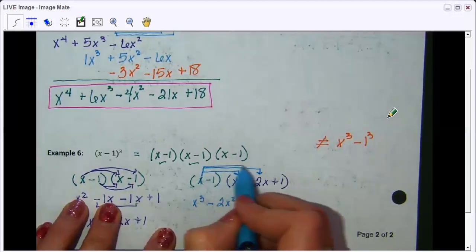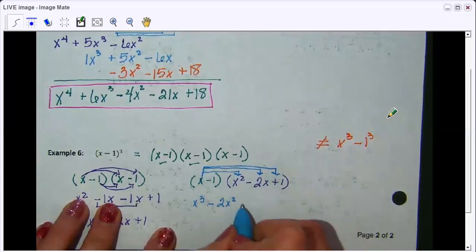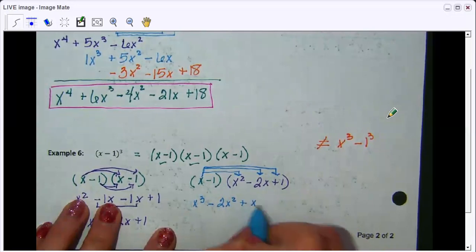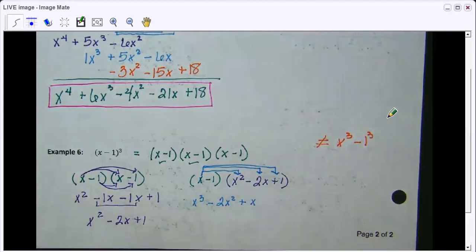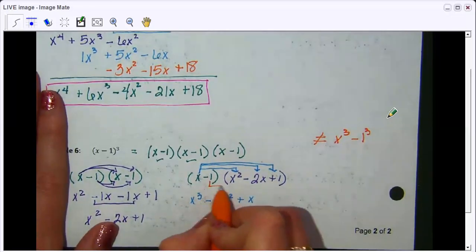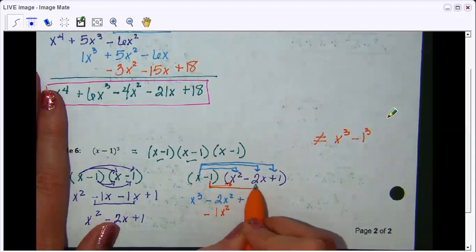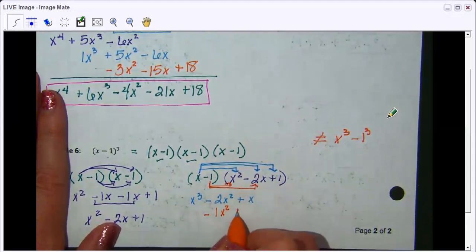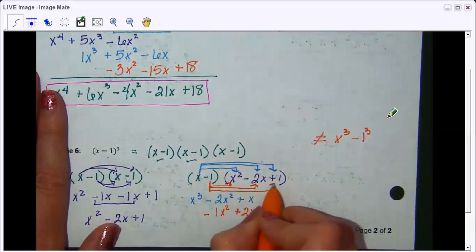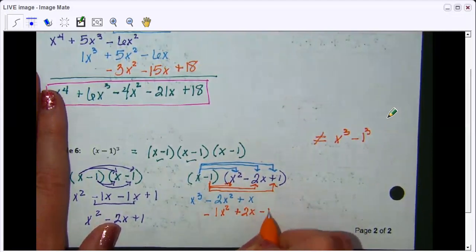And then x times 1 and we get plus x or 1x. It's just multiple steps. Then I'm going to take negative 1 times x squared and I get negative 1x squared. Negative 1 times negative 2x, I get a positive 2x. And then negative 1 times a positive 1 and I get a negative 1.